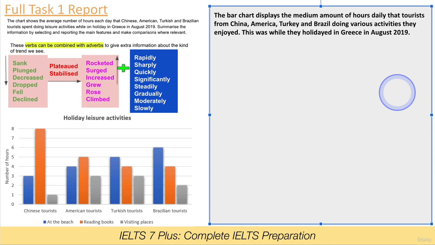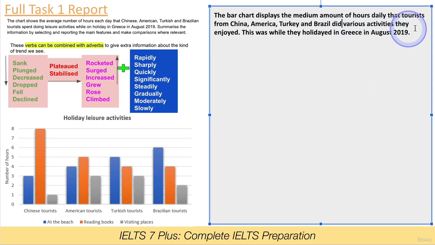It's a bit of a longer paraphrasing here, but that's okay. The bar chart displays the median amount of hours daily that tourists from China, America, Turkey, and Brazil did various activities they enjoyed. Also, it's all past tense, an important point because it's in 2019.